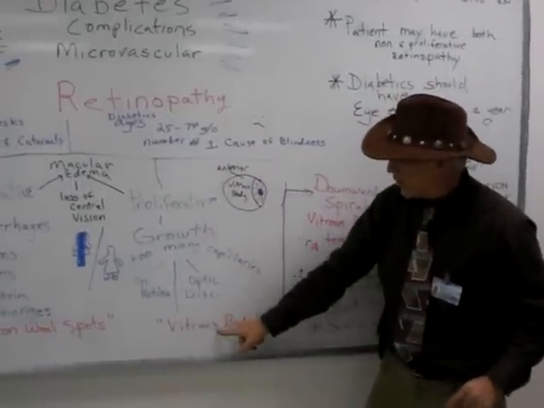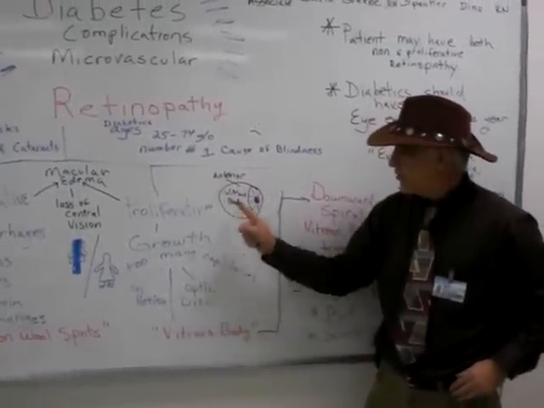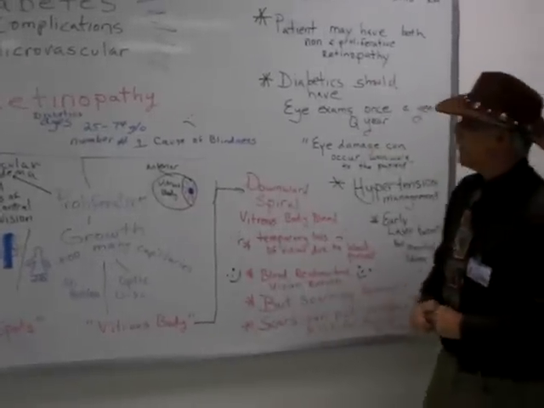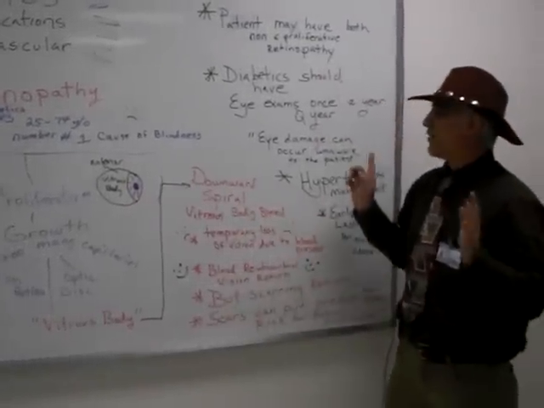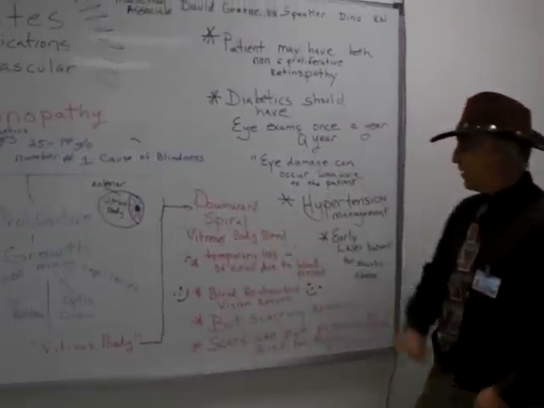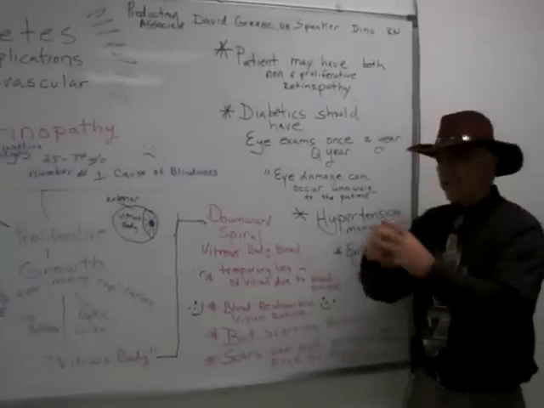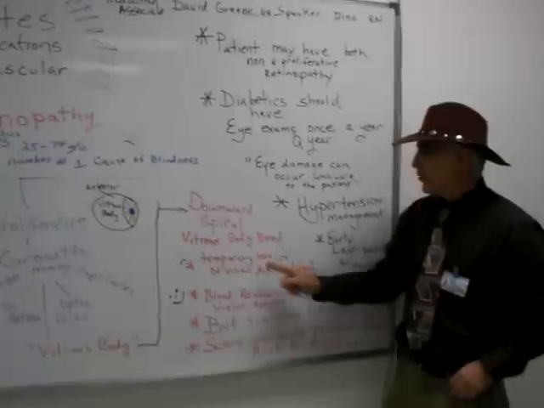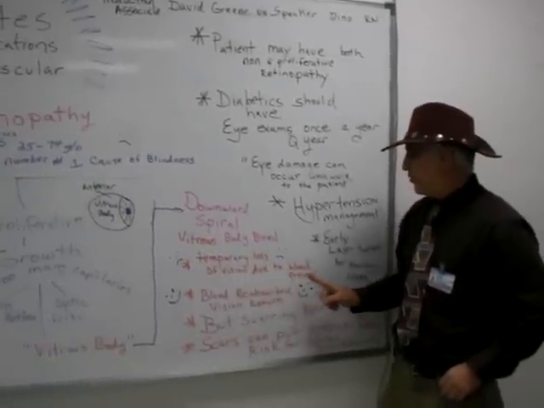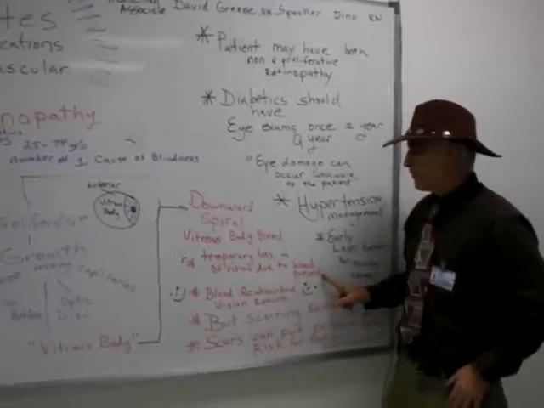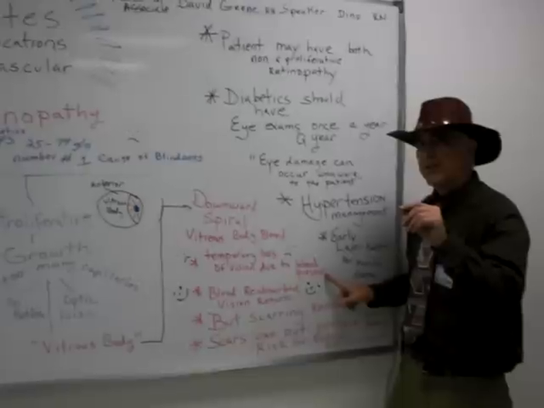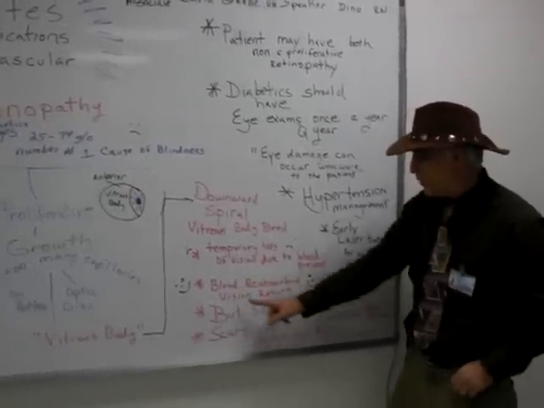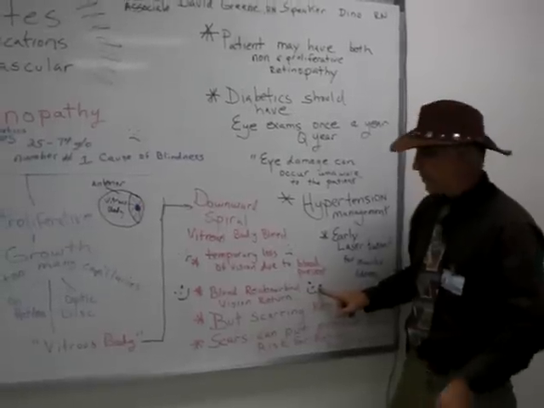So the capillaries branch out into the vitreous body, and then we have some real trouble. We can start a downward pathological spiral. What happens in the vitreous body? These capillaries burst and they bleed. What's the outcome? Temporary loss of vision due to blood present. Fortunately, this is supposed to be temporary, and the blood is reabsorbed and the vision returned. So we're happy about that.